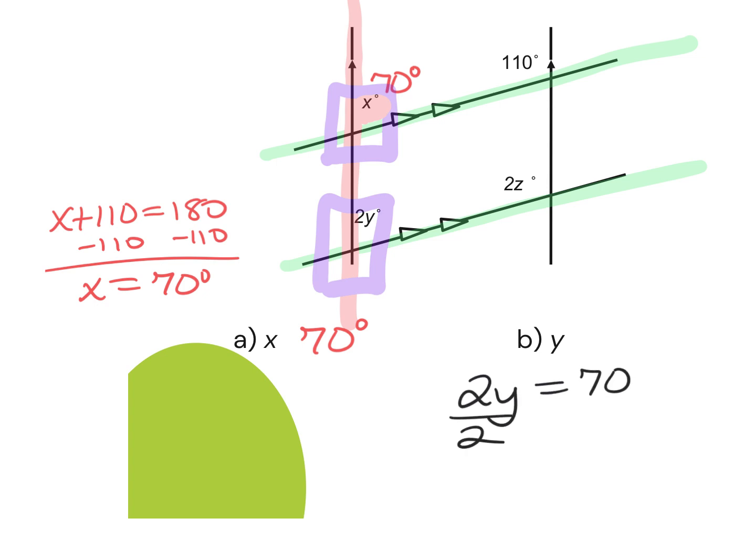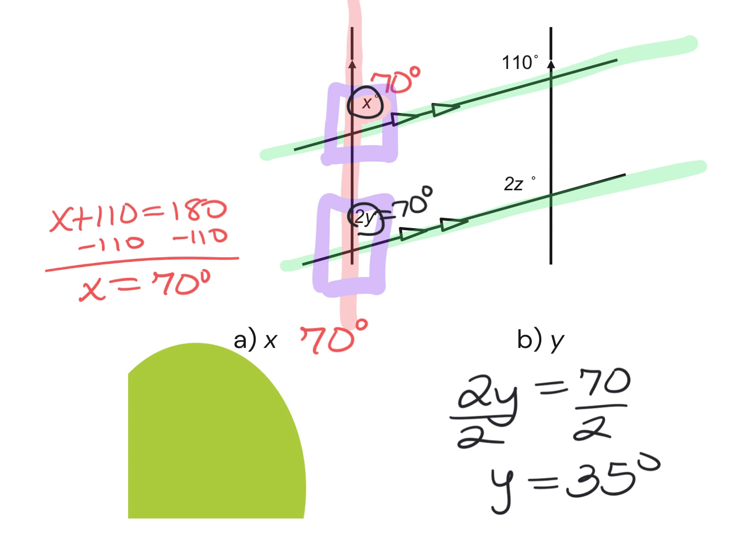I'm going to divide by 2, and y equals 35. Because this angle here is 70 degrees, because they're corresponding angles that are congruent. They're both in this upper corner of the box. Or you can think of them being on the same side of that red transversal, but one is on the inside and one is in the exterior portion.